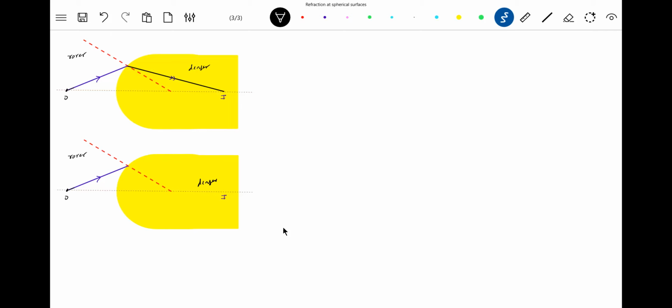The ray will undergo refraction and it will bend slightly. It will not bend more, it will bend slightly.